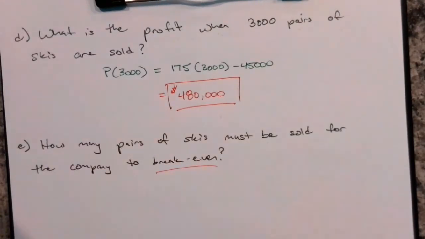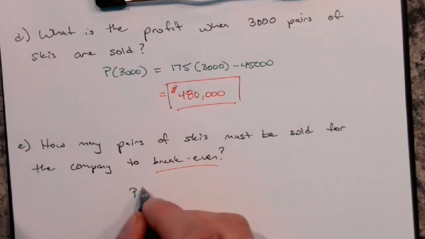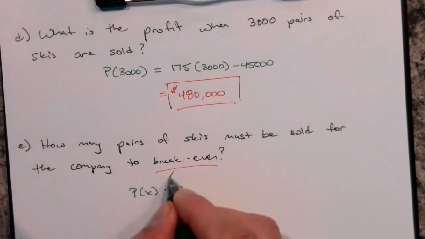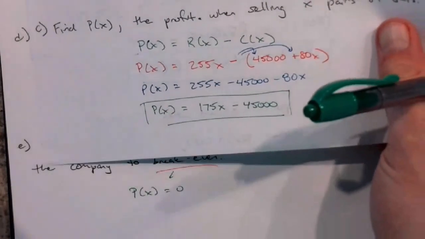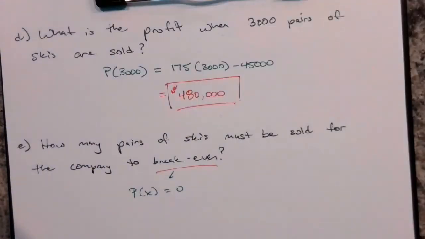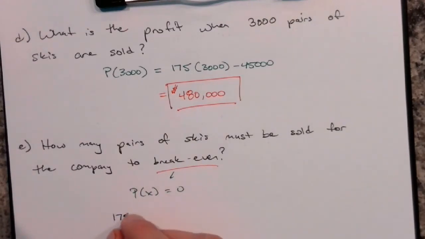So I really need when P of X equals zero, right? That's what break even means. Well, what was P of X? P of X was our function that we found a little while ago, the 175X minus 45,000. So we'll have 175X minus 45,000 equals 0. And you solve this.